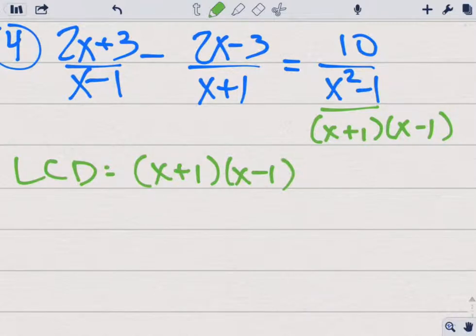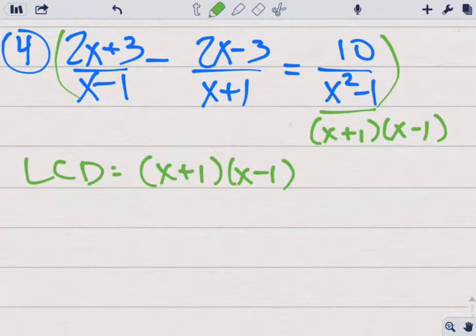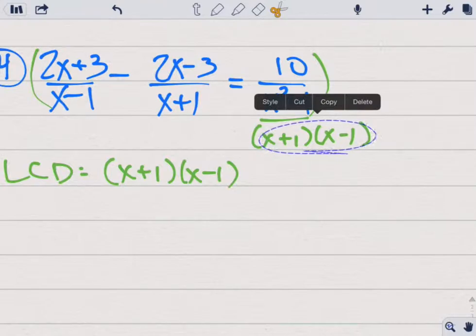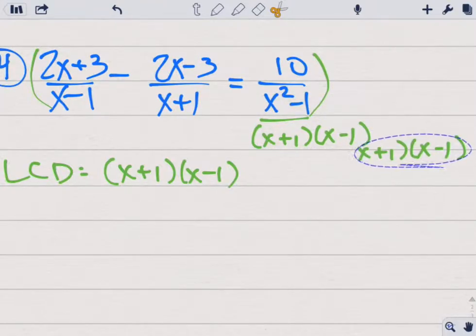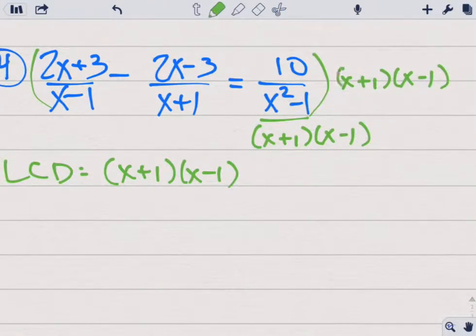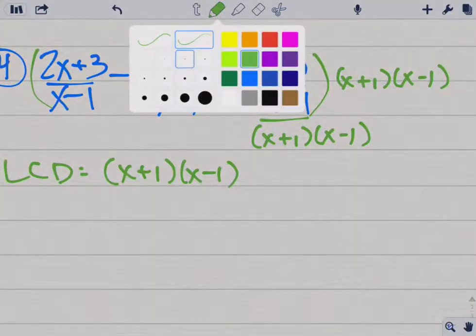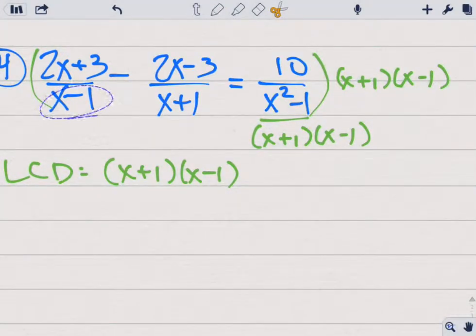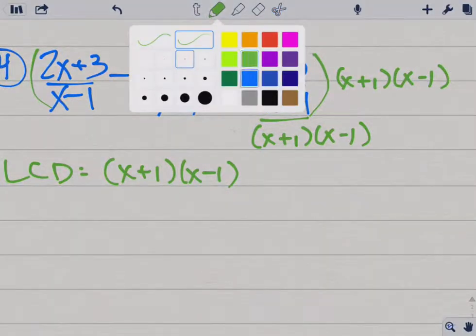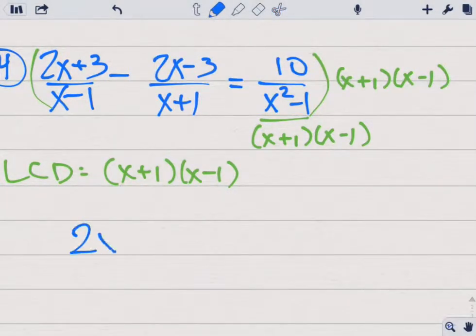Okay, so that covers the x minus 1 here, that covers x plus 1 there, and that covers both of them there. Okay, so the idea is if I take this and I multiply it by this, stuff's going to cancel. And so I'm going to talk about that here. X minus 1 and x minus 1 cancel, and so I'm left with 2x plus 3 times x plus 1.